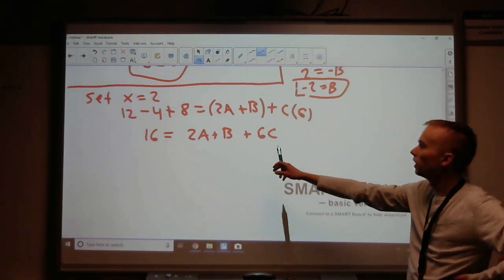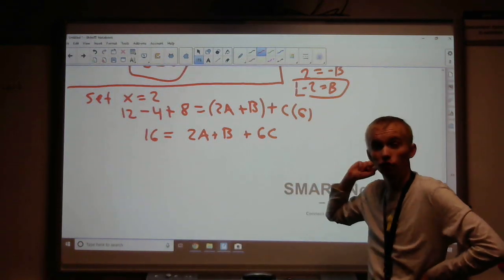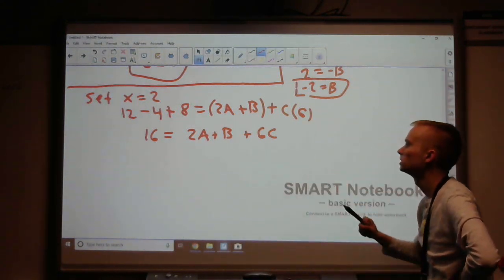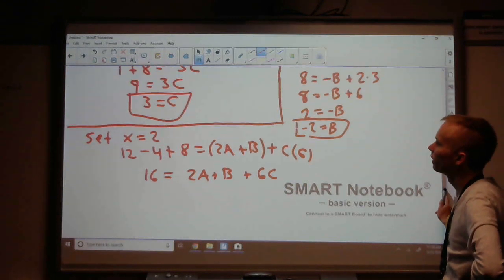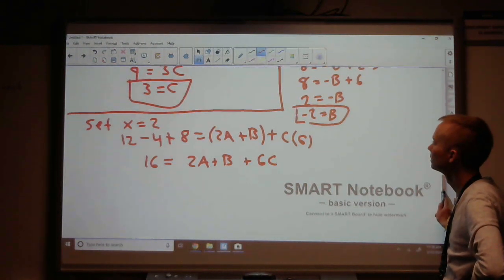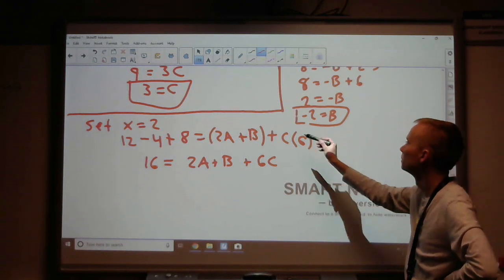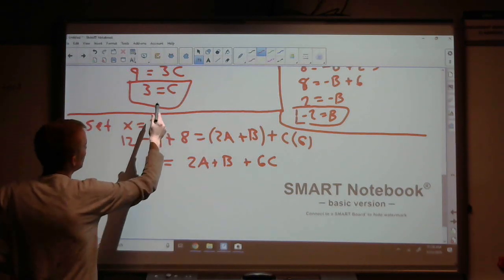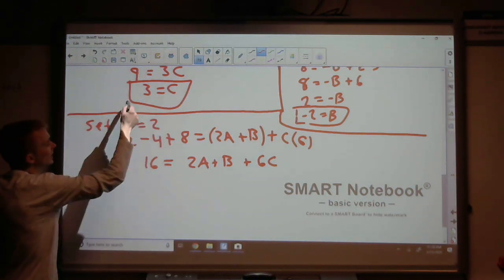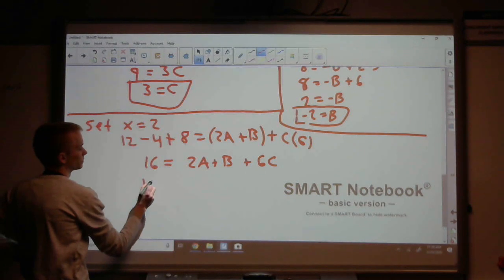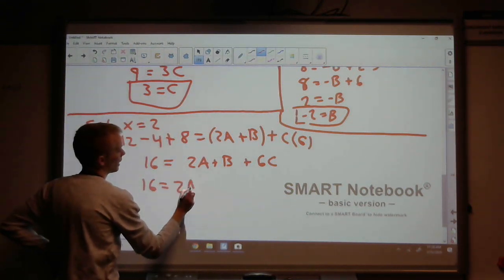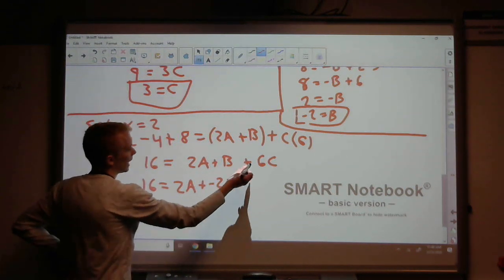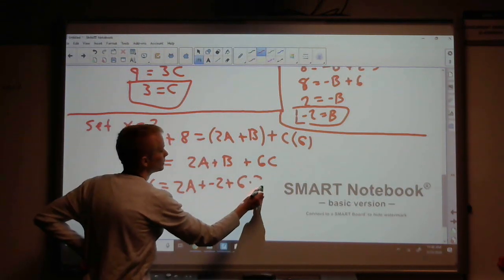So, why is this good? I have an equation with all 3 variables now, but I know b and I know c already. So I know c is 3, and I know b is -2, so I'm going to plug those in. So we still got 2a, b was -2, so we'll plug that in, and c was 3.